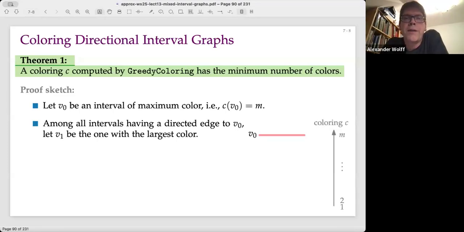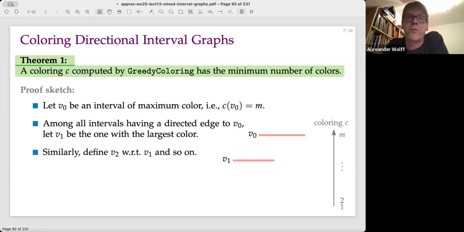So I define an interval V1, which is among all the intervals that have a directed edge into V0, the one that has the largest color. So for example, suppose it's here. So it must overlap V0, it must lie a little bit further to the left so that they have this overlap relation that causes this directed edge from V1 to V0.